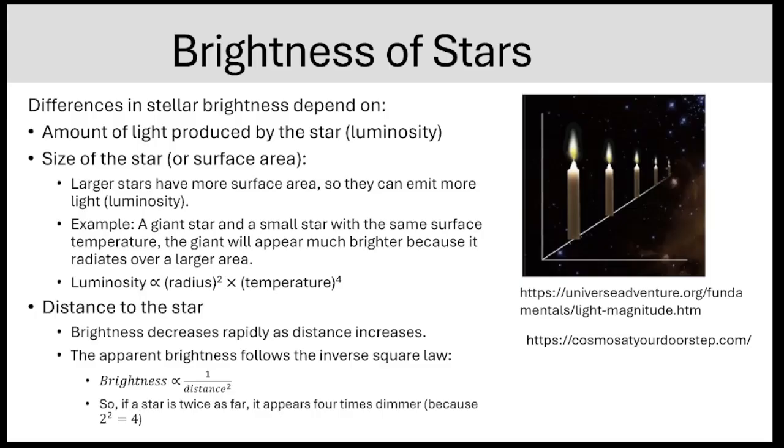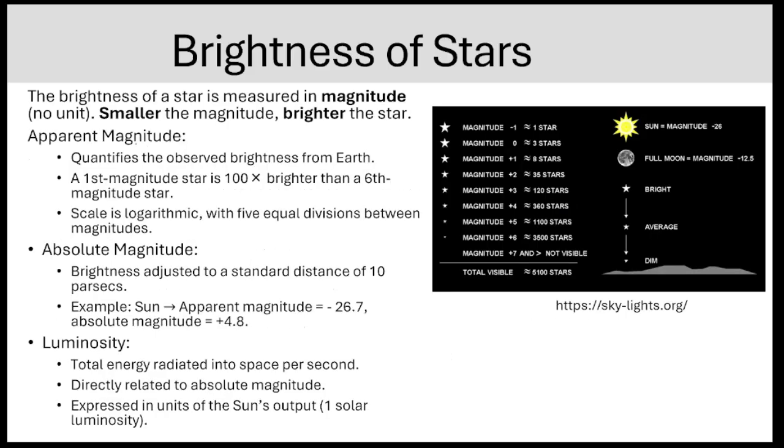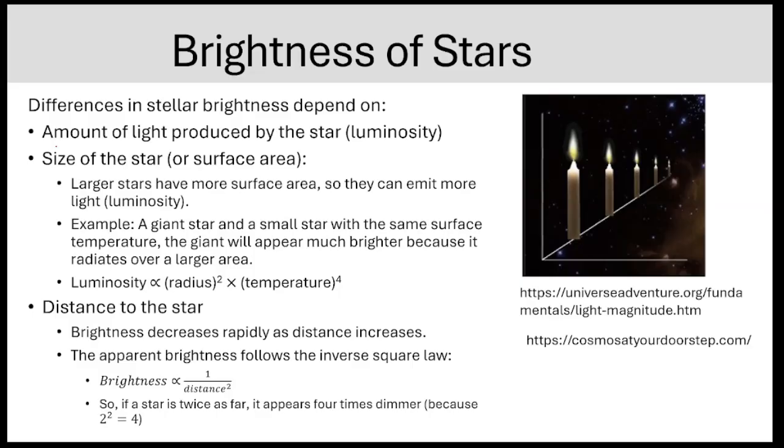When we observe stars, the amount of light produced by the star is called luminosity, and the brightness of the stars depends on this luminosity, as well as the size of the stars.